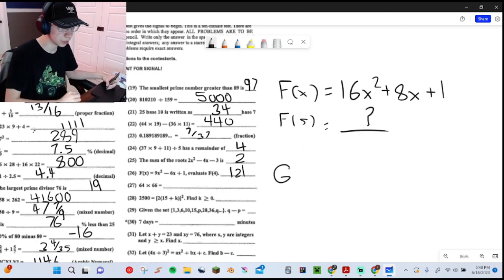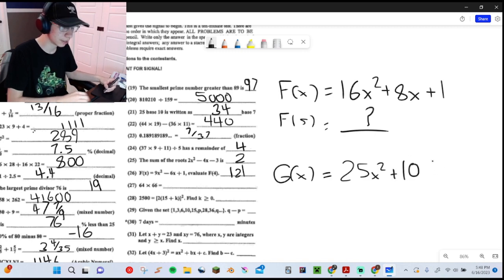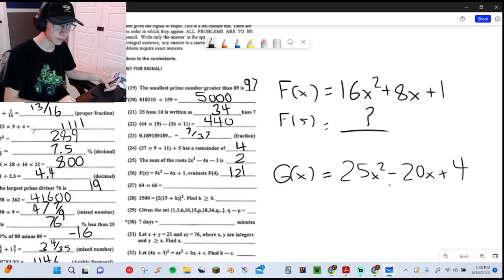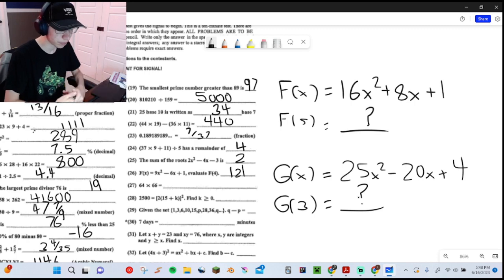And then I have the function g of x equals 25x squared minus 20x plus 4. Let's actually make this a minus. And I wanted to find g of, say, 3. So I'm going to give you guys a few seconds, pause the video, try and find these out by yourselves.